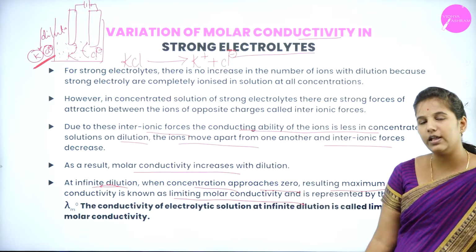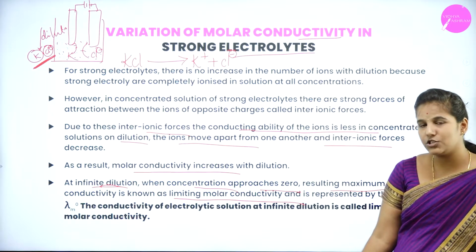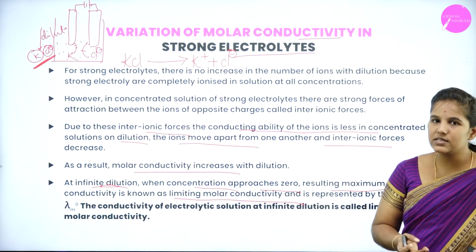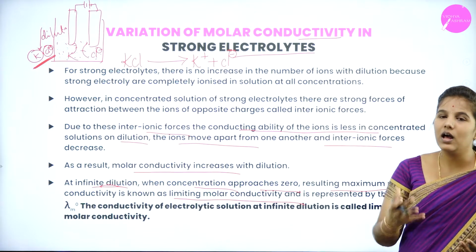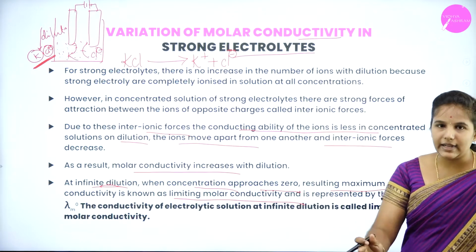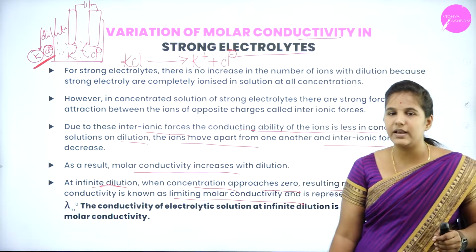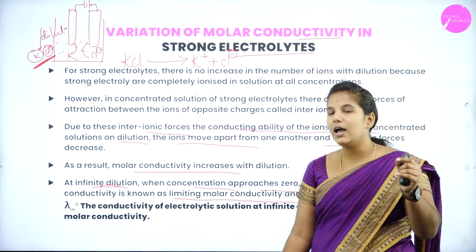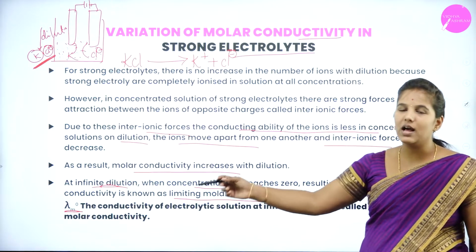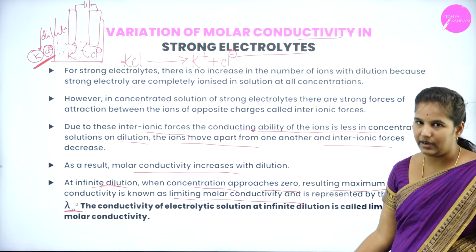So, during infinite dilution, the concentration will become zero. In such cases, we call the molar conductivity the limiting molar conductivity, and it is represented by the symbol lambda m naught.